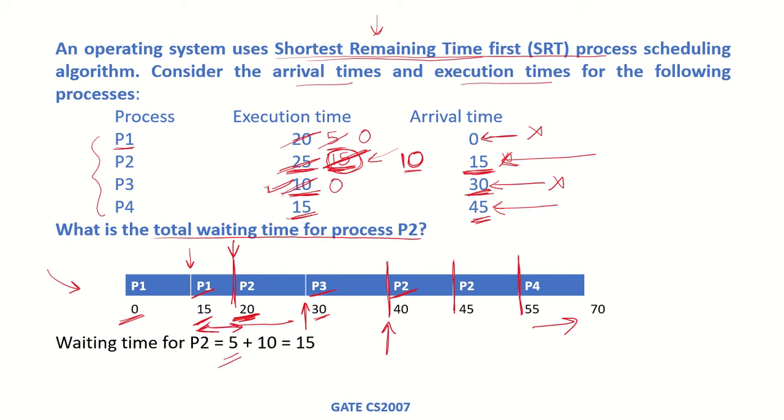Then when P3 was running, again P2 was waiting for 10 time units. After that P2 finished its completion and there was no waiting time after that. So we can say that the total waiting time for process P2 is 15 time units.